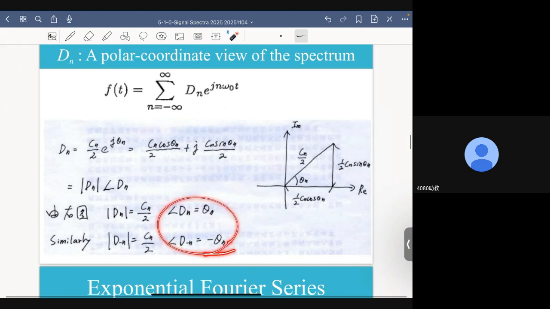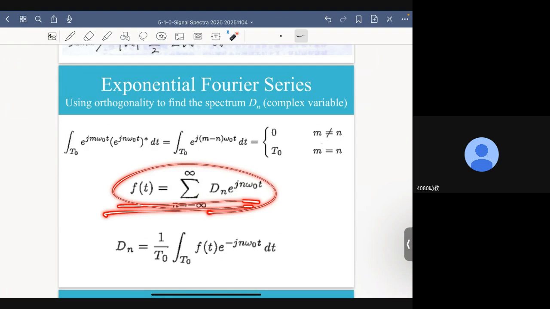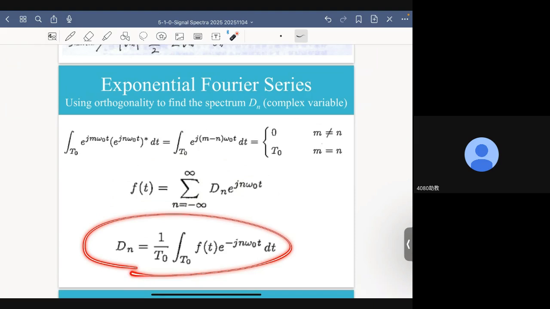As demonstrated by these two equalities. Now, how do we determine Dn? This is what an exponential Fourier series looks like, and Dn can be determined from this equality. We don't need to prove it mathematically.